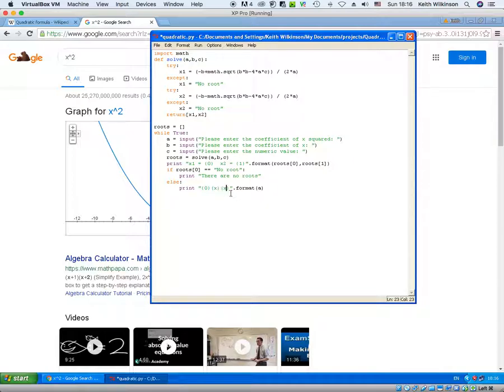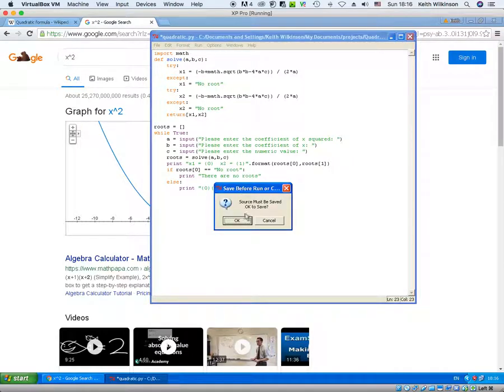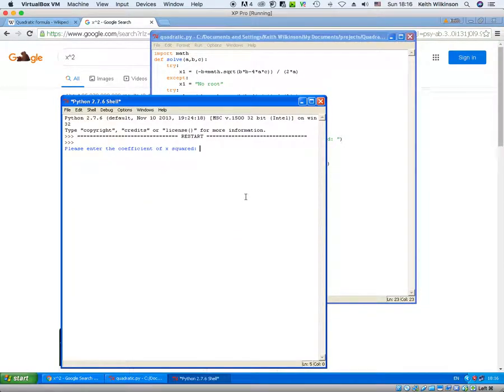There's no pluses or minuses here. We're just writing out the equation in a format. So let's do it. 1, 0, minus 1. Whoops. 0, minus 1. There we go. We've got 1 times x plus something minus something plus x plus.